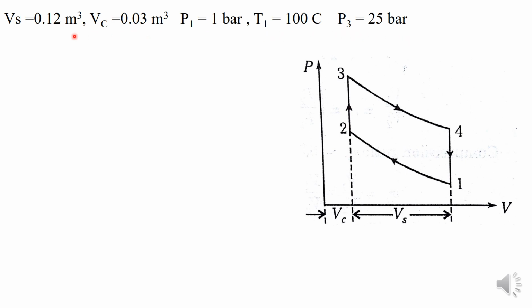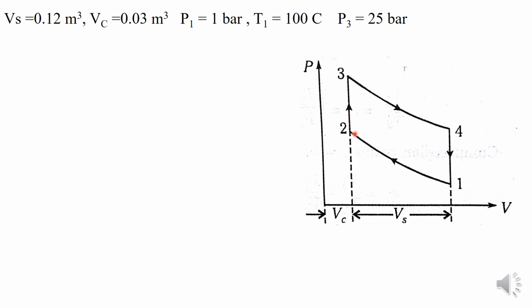Once you write the given data, for efficiency we need to find the compression ratio. Compression ratio is V1 by V2. So how to find V2?